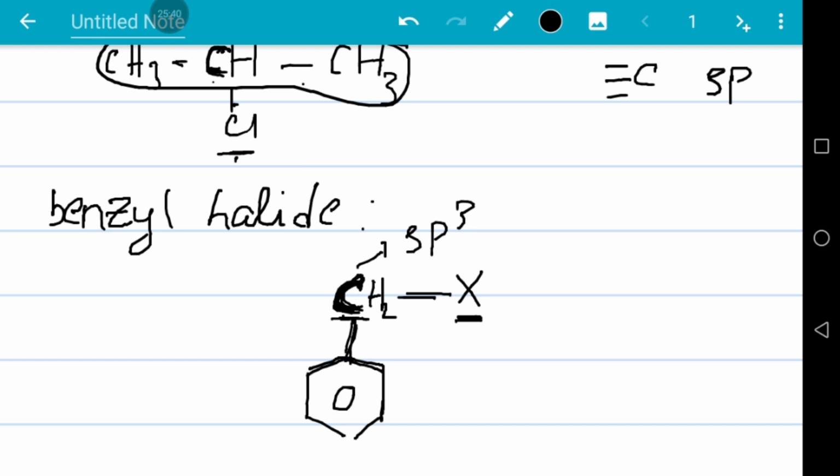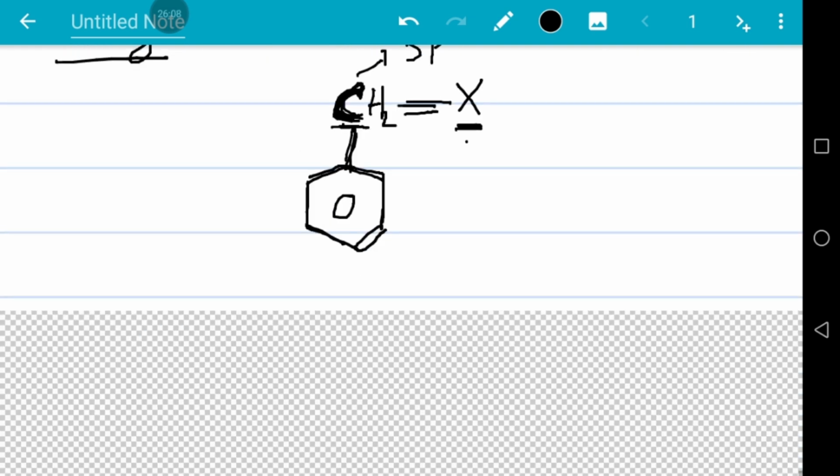the benzene ring, is adjacent to the benzene ring, then it is a benzyl halide. Halogen is attached to sp3 hybridized carbon which is adjacent to the benzene ring, then it is known as benzyl halide.